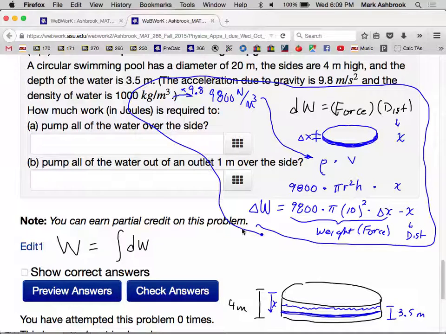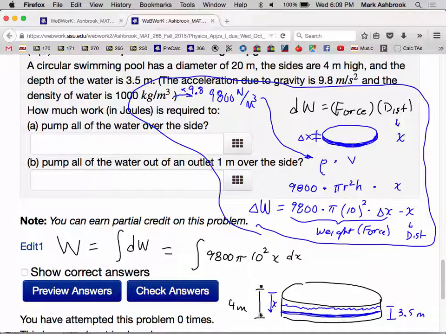So now the total work is going to be the sum of all the bits of work. So it's going to be 9,800 pi 10 squared x, with ultimately thin layers, dx. And so then what is this from? This is from what x value to what? The first layer down to the last layer.